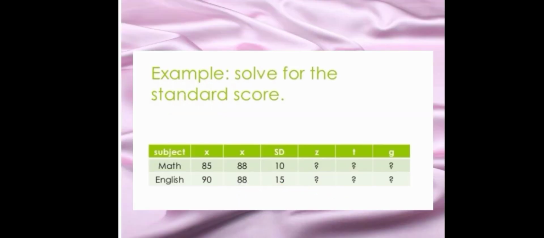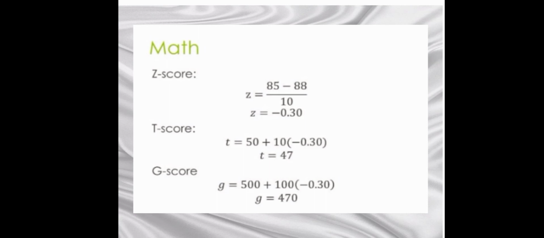The next one is g-score. It is a standard score with a mean of 500 and a standard deviation of 100. So the g-score formula is 500 plus 100z. So if you solve this, we're going to first solve the math. So in solving the math, 85 minus 88 divided by 10 is negative 0.30.